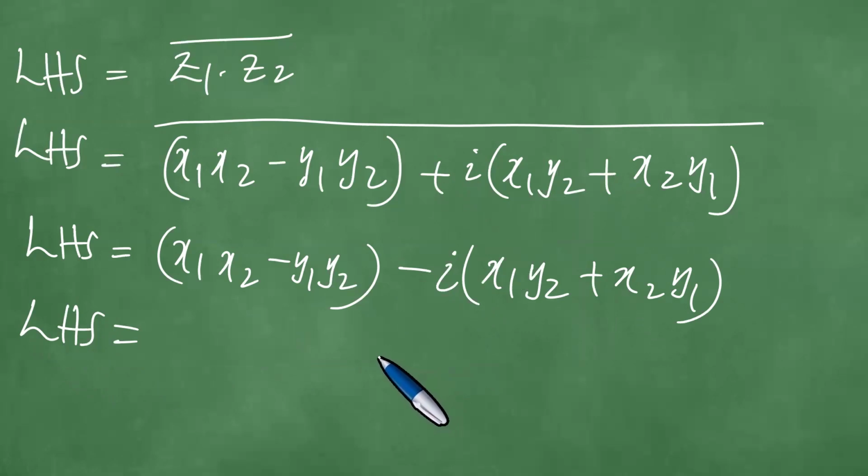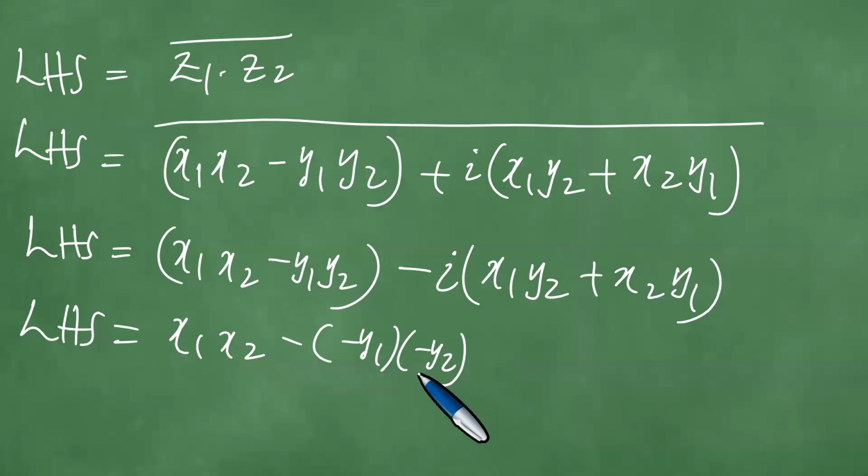And then now we continue with our expansions. So what do we get out of this? This one here becomes x1 x2 minus minus y1 minus y2. And because this is the same as this, if you put minus minus here and then three minus signs, they give a minus.